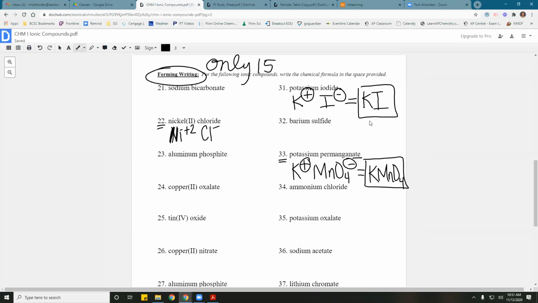Now, this is not the simple NiCl because we have a +2 and -1. So when you don't have them equal, you have to add more of one of the ions to make it equal. So if we have a +2, that means we need an overall -2 charge.